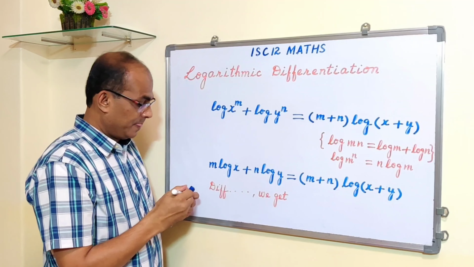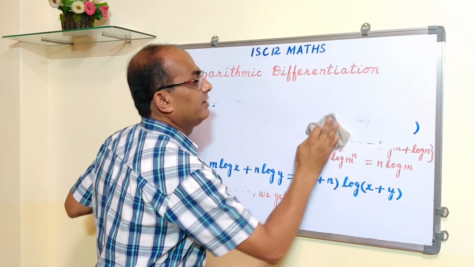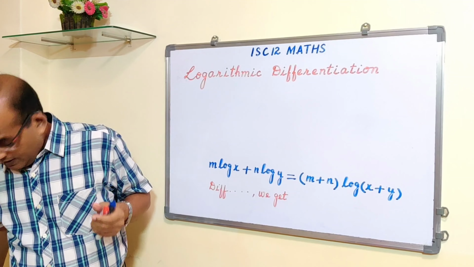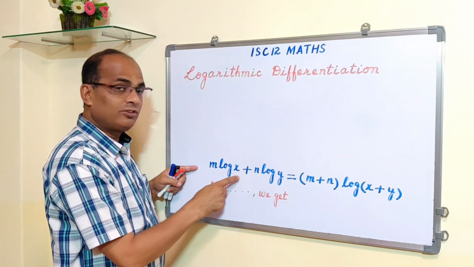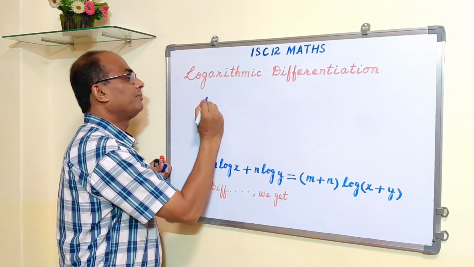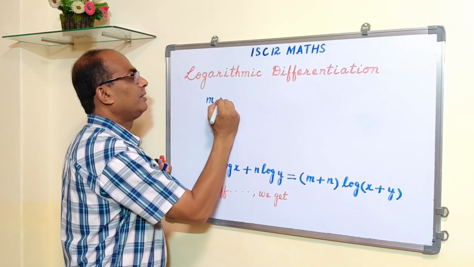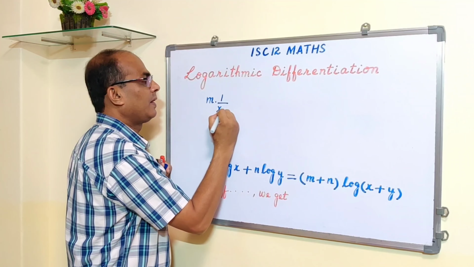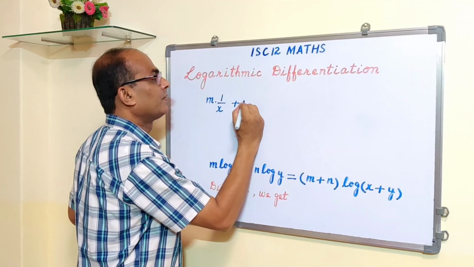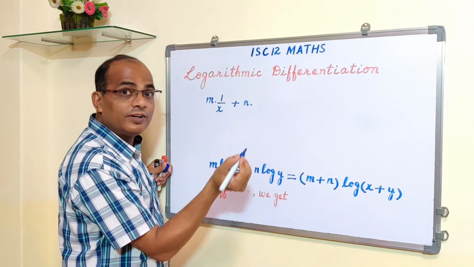Now I'm writing directly one step. Alright, I am writing like this. So m and d/dx of log x, and d/dx of log x is 1 upon x. Alright, so m into 1 upon x, plus n into d/dy of log y into dy upon dx.